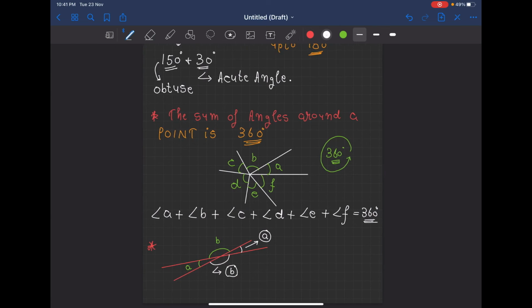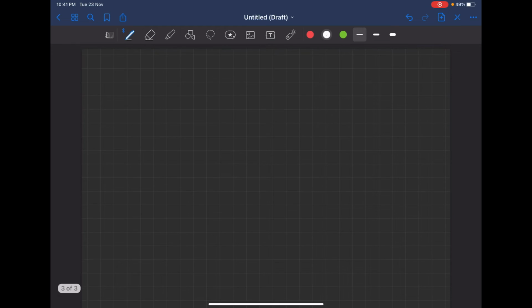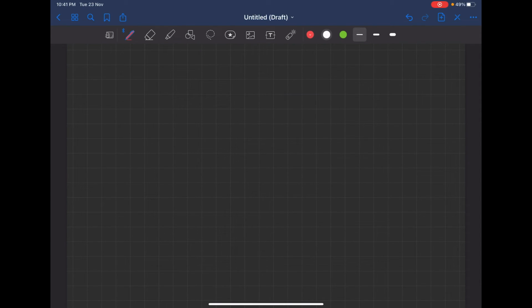Okay, so let's look at some properties of parallel lines too. Let me draw some parallel lines here. Say we have a line like this and a line like this, and these parallel lines are cut by a transversal.